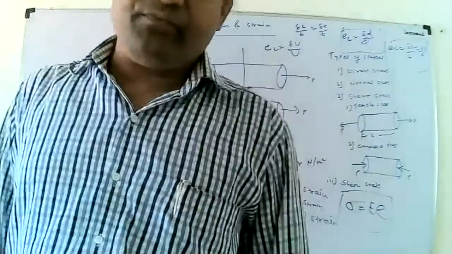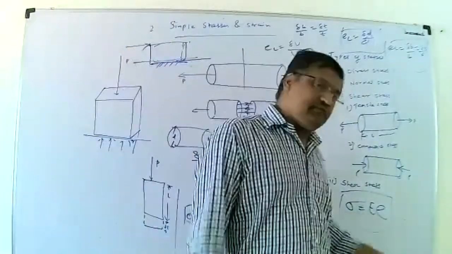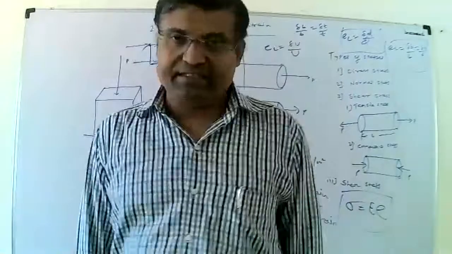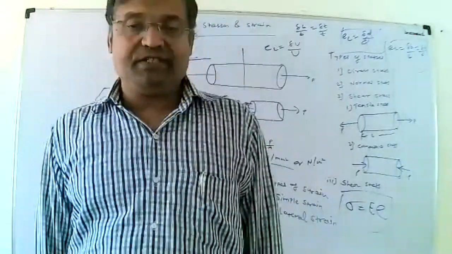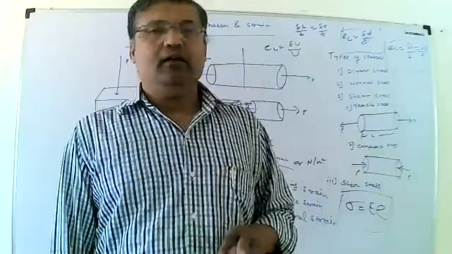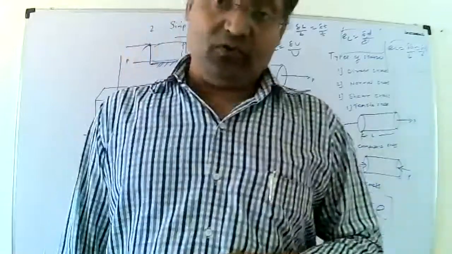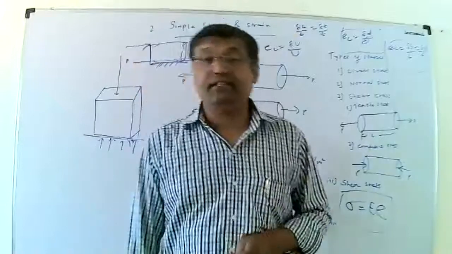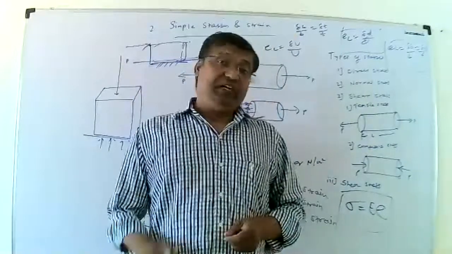The constant of proportionality is Young's modulus of elasticity, because there are three elastic constants: Young's modulus of elasticity, modulus of rigidity, and bulk modulus. These are known as the three elastic constants.